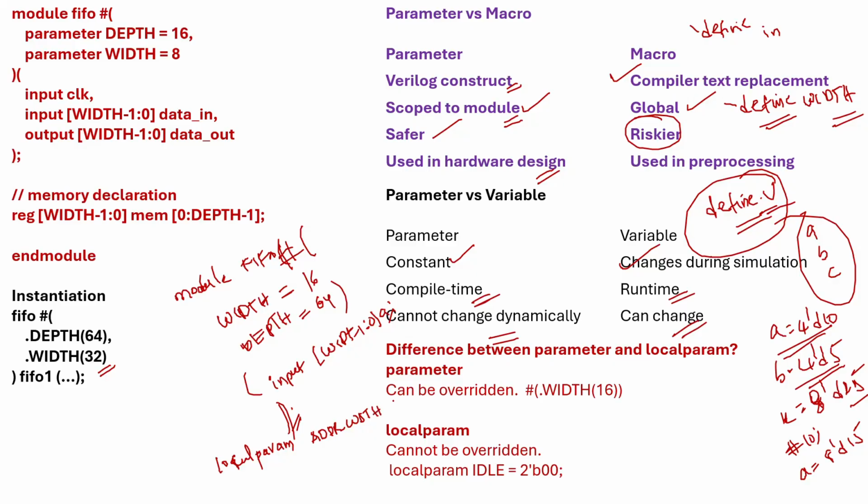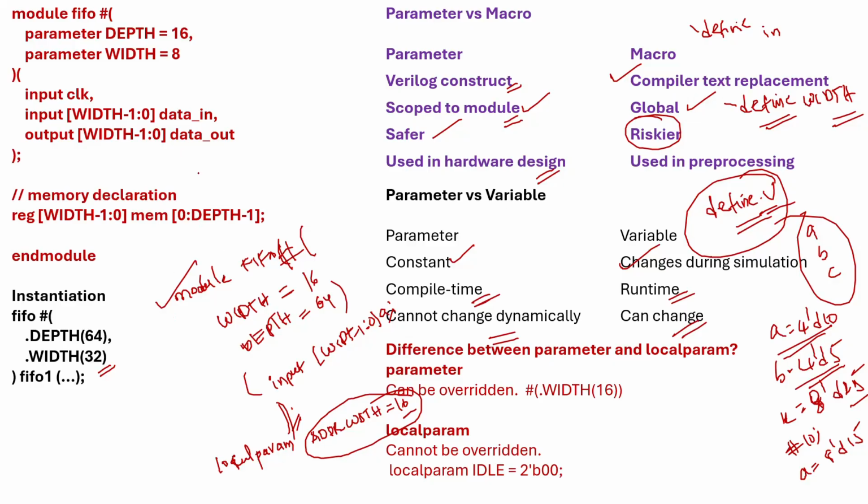Sometimes I want to change my address width to 16. This 16 is applicable to this module only. Local parameters are applicable to their current module only, and you cannot utilize them in another module.